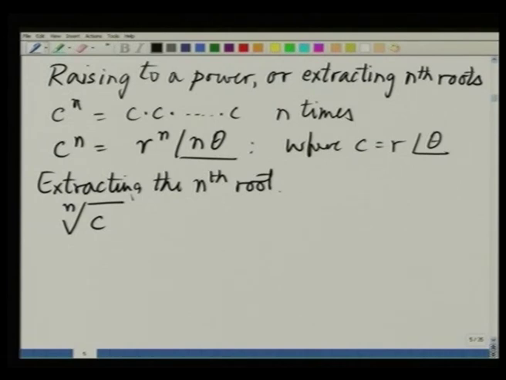So, there are n solutions to the nth root of c.